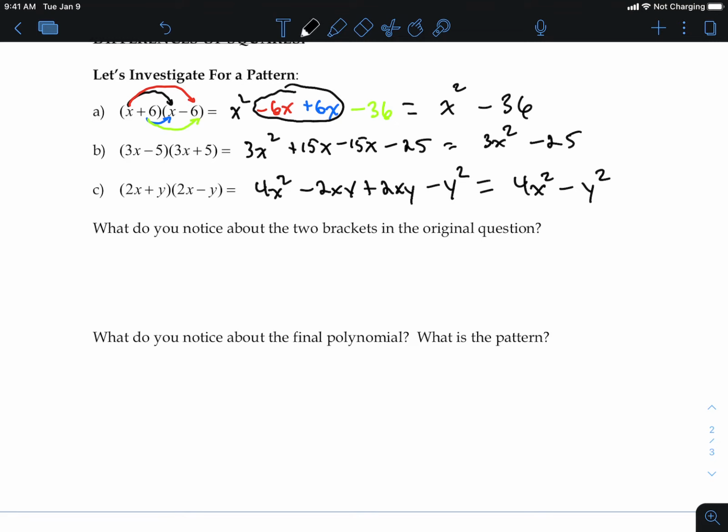Okay. So we're just looking at the fact that the signs are opposite. Okay. And after you expand, I'll write that.